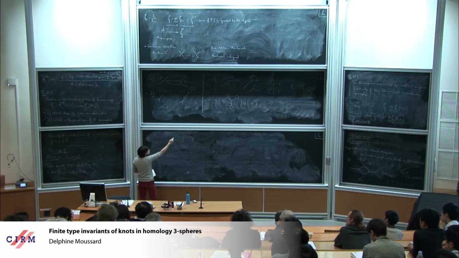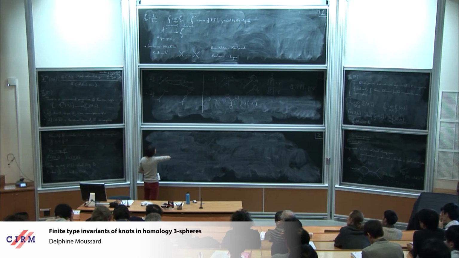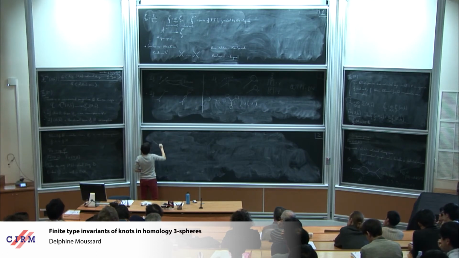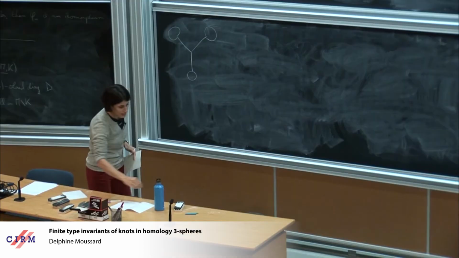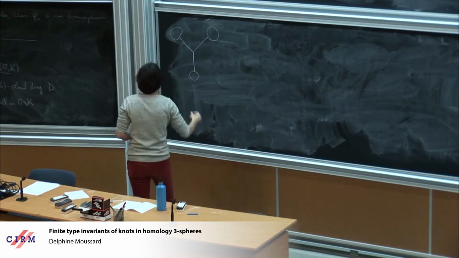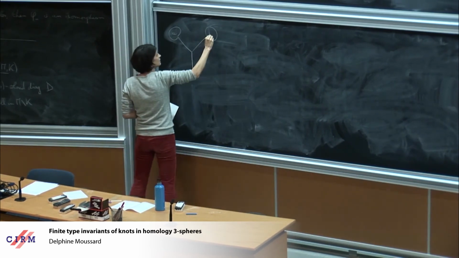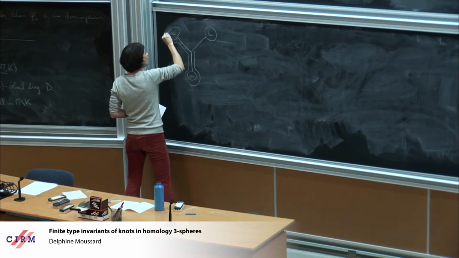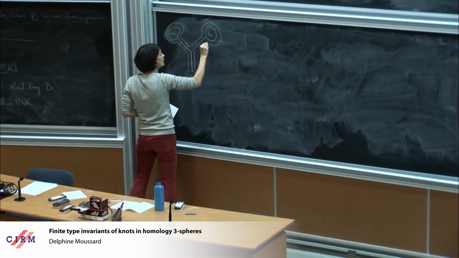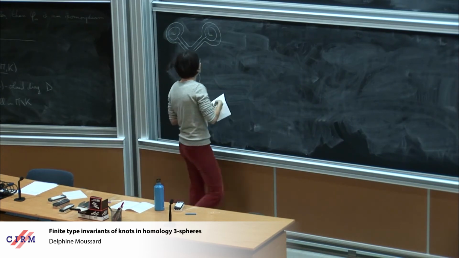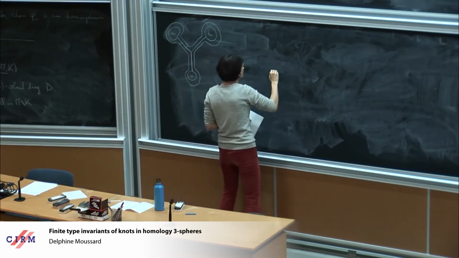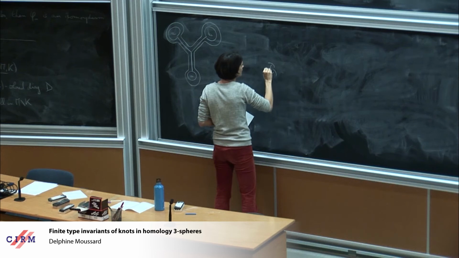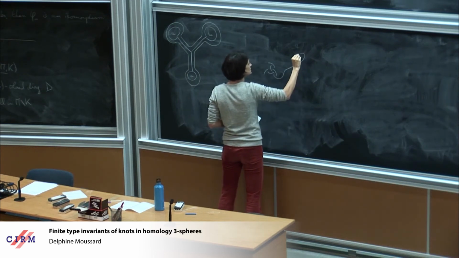For the first case, when we have a Y graph, we consider a tubular neighborhood of it, which is a genus 3 handlebody. And we associate with it a 6-component link inside this tubular neighborhood.